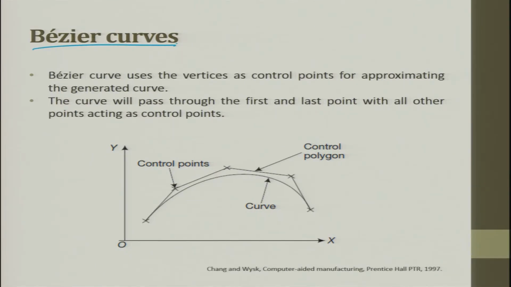Okay. As far as Bézier curve is concerned, if we wanted to draw a curve wherein we know the starting point, ending point, we define some more control points and try to draw the curve which is close to those control points. So, those options are given by this Bézier curve.